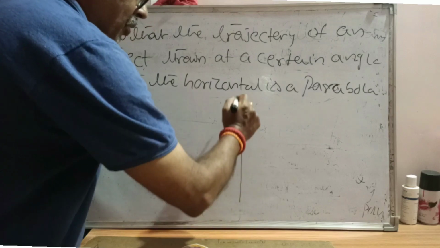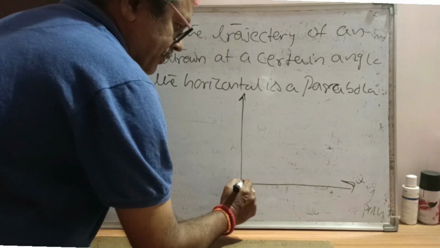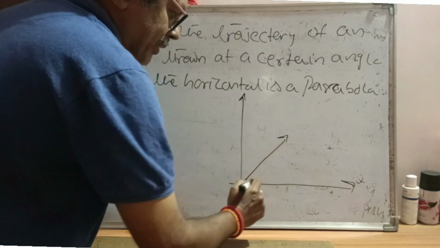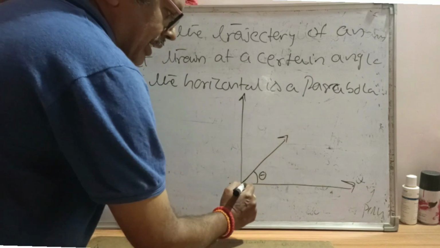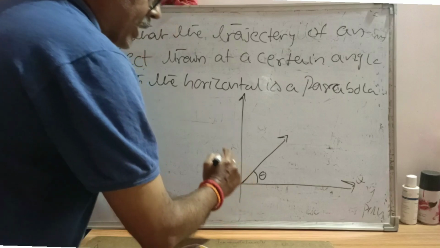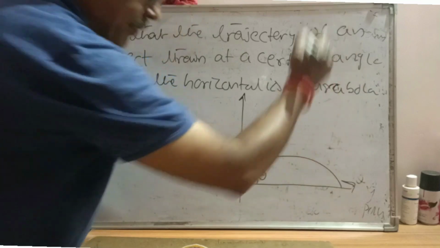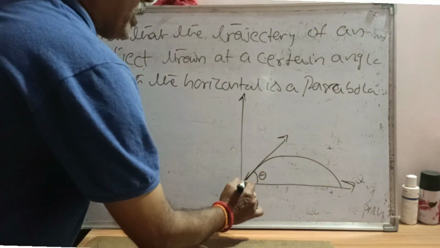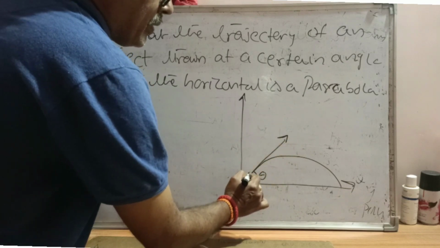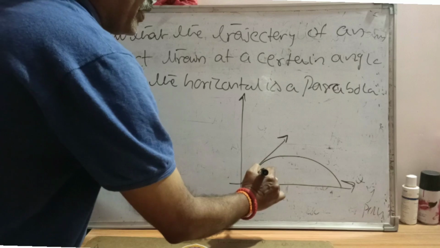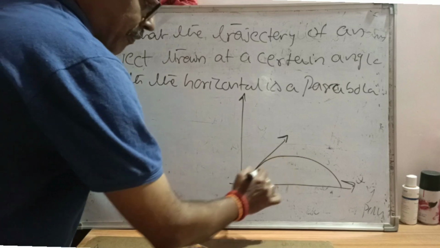When an object is thrown at an angle theta other than 90 degrees with the horizontal, it moves in a parabolic path. That is what we have to prove here. If the object is thrown with a certain angle theta with the horizontal, it is called a trajectory. The path of the trajectory is a parabola. It is what we have to prove here.